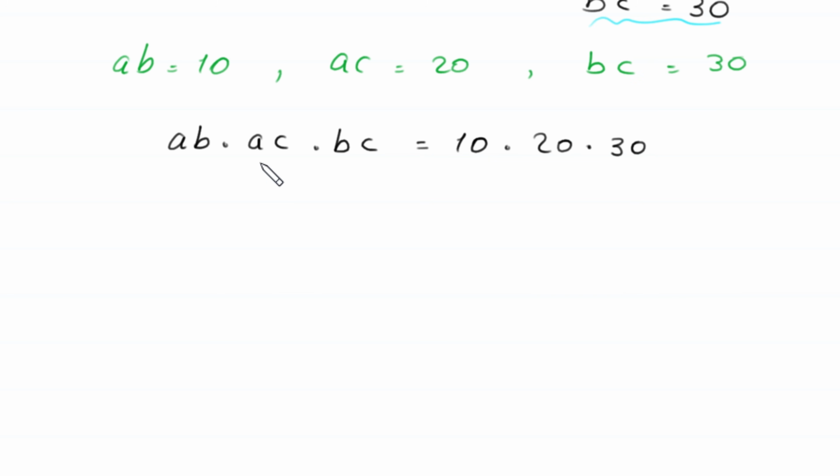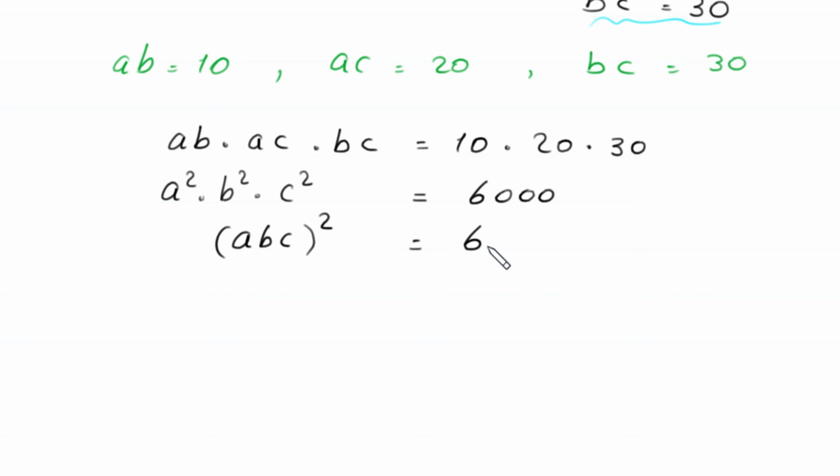Now this will become a squared times b squared times c squared is equal to, this 10 times 20 is 200, and 200 times 30 is 6,000. Now this a squared b squared c squared can be written as (abc) whole squared is equal to 6,000, and from here we take a square root of both sides.